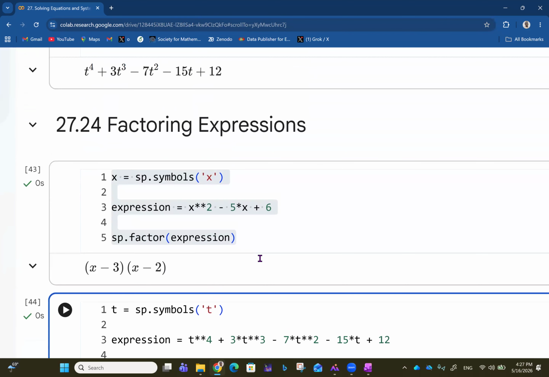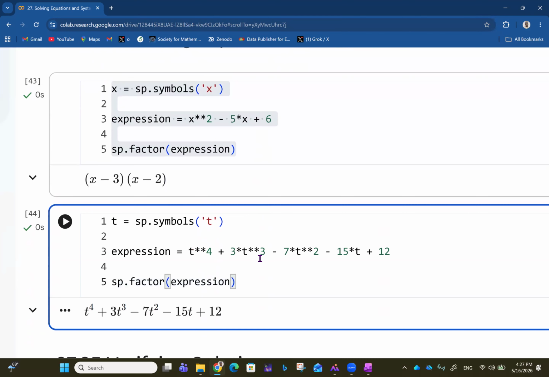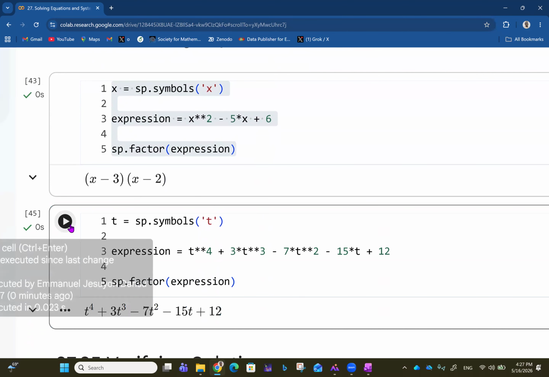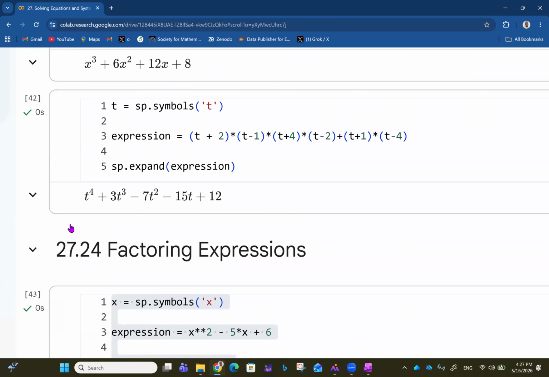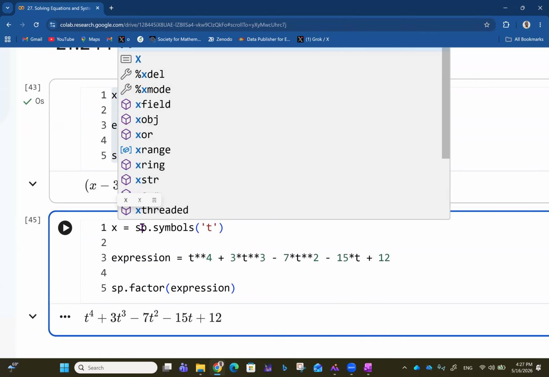We need to factor the expression, right? That's something I'm not doing right here. Factor expression. Now it's not factoring. What's happening? T is, yeah, this is T here. Or maybe I should just keep it at X. Maybe there's something special about that.